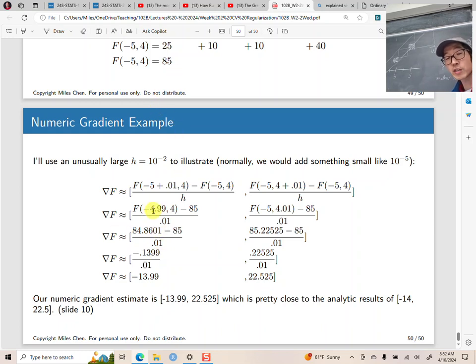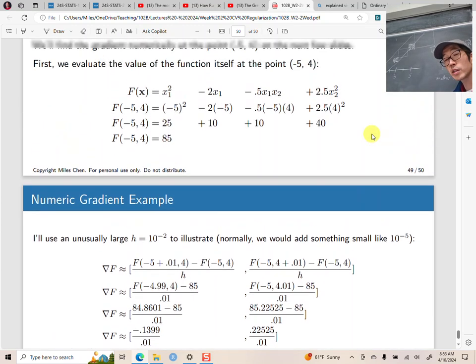When you plug in -4.99 instead of -5, and you leave x2 alone at 4, you get 84.8601, okay? How much did that change from 85? It changed by 0.1399. You divide by the size of that little increment, so you get -13.99.